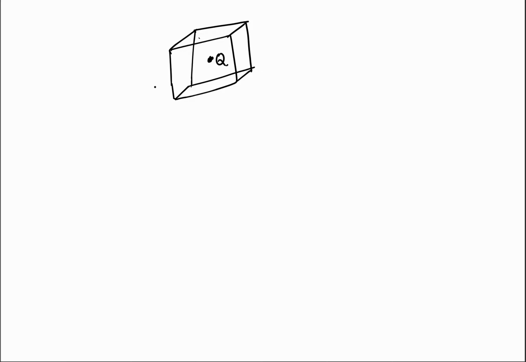Now I will assume that from all the surfaces of this volume, which is bounded by all these surfaces, a total current I is flowing out, like this, like this, like this.